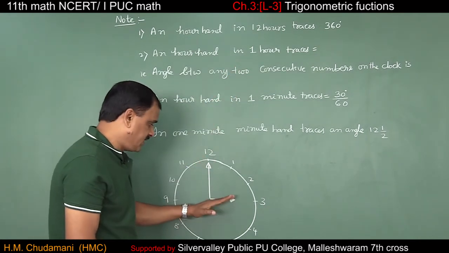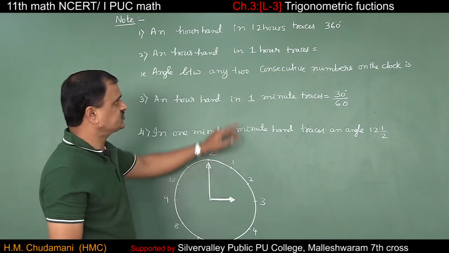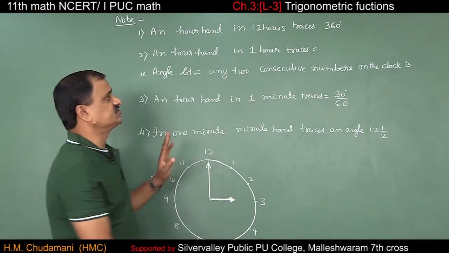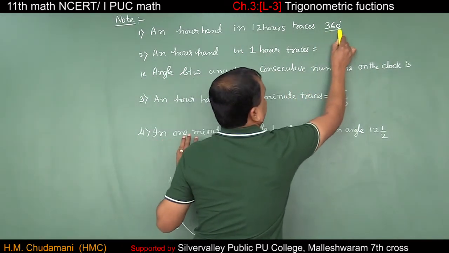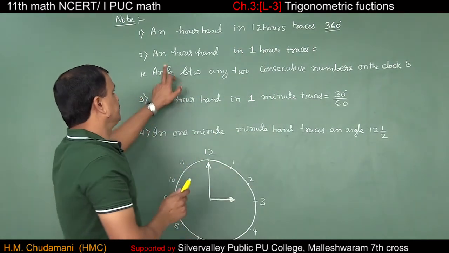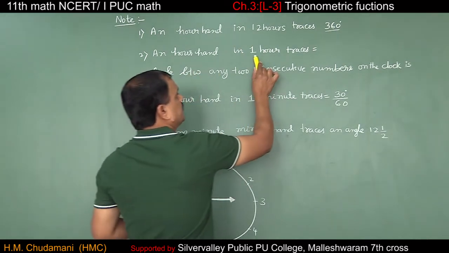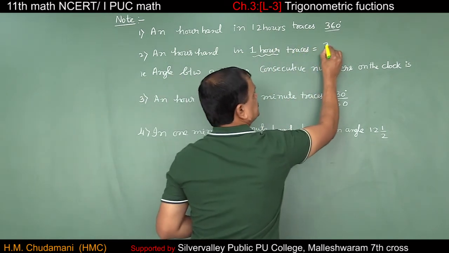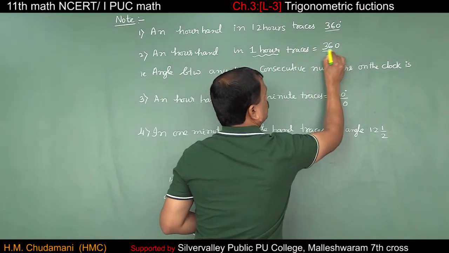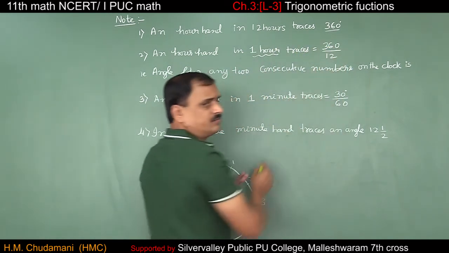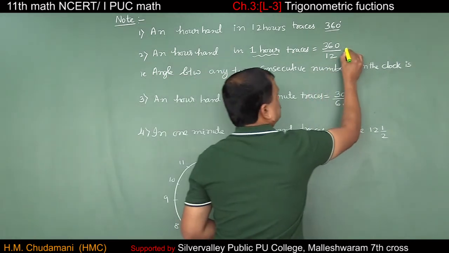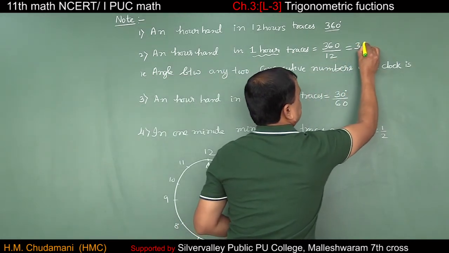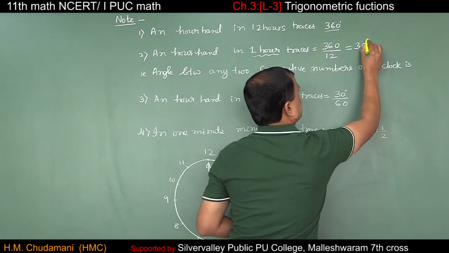The hour hand covers 12 hours means it covers 360 degrees. So in 1 hour, divide by 12, 12 threes are 36, so 30 degrees.